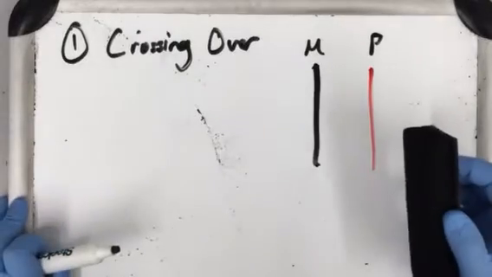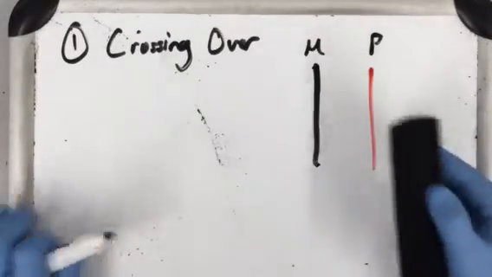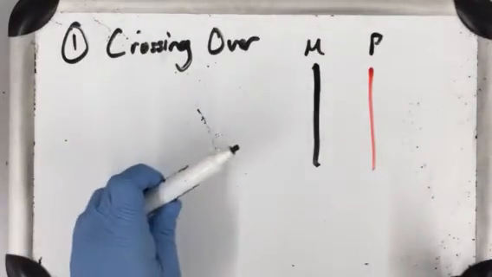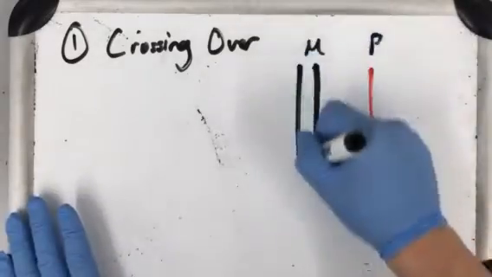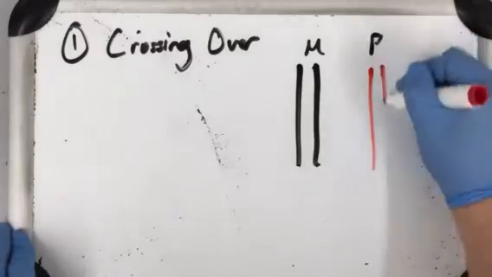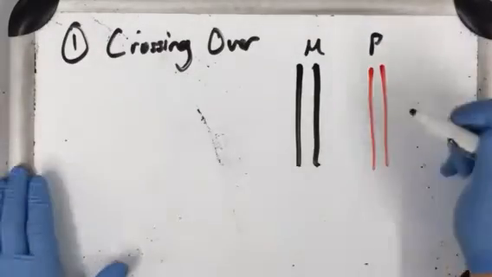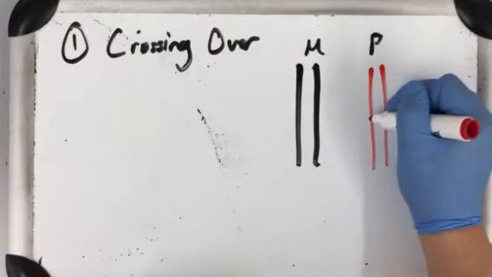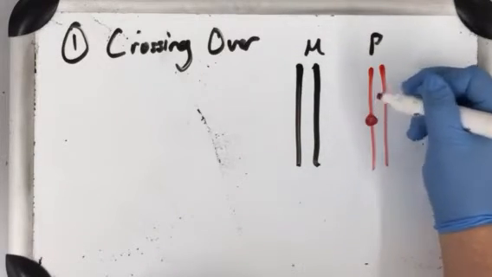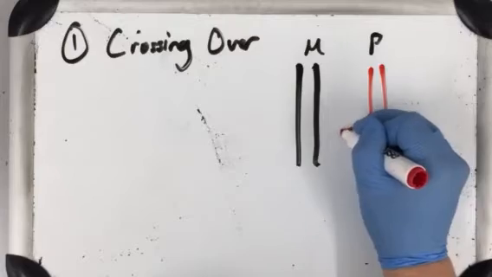There's a process in meiosis where breaks are initiated in the chromosomes, and then they ultimately kind of go together. Here, we'll do this. And so what happens, say, is that there's a break here. Let's see if I can draw this.